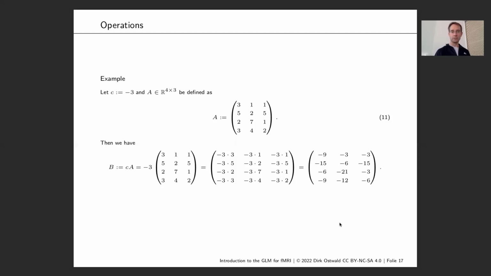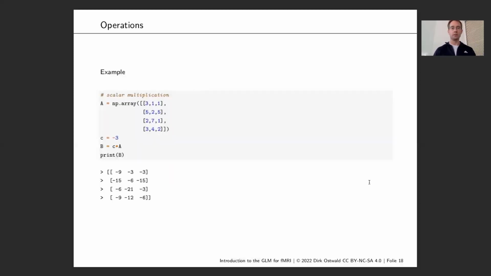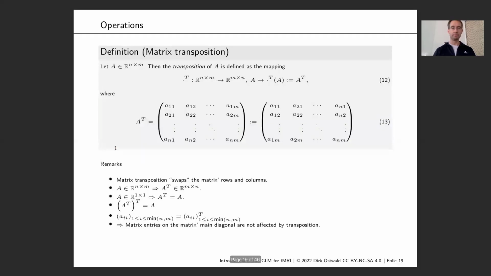So 3 times -3 again is -9, 4 times -3 is -12, and 2 times -3 is -6. So also no magic there. That's scalar multiplication. It can be done in Python with the standard multiplication operator, which is the star. So there's really not much to talk about.